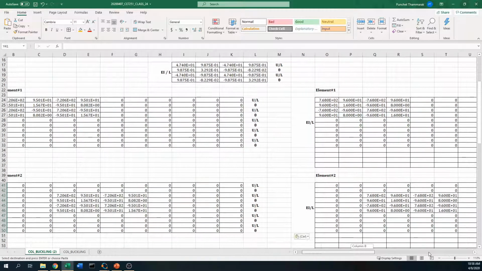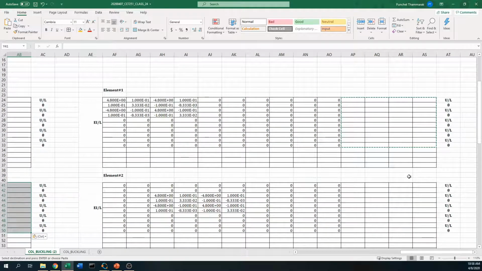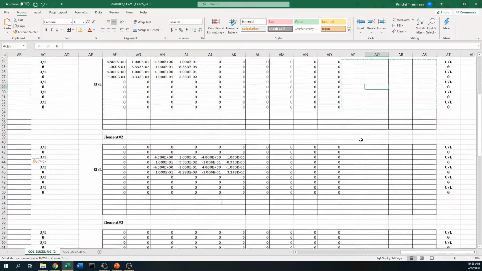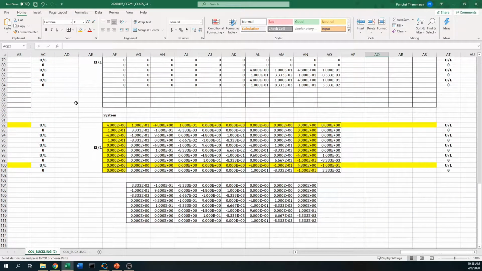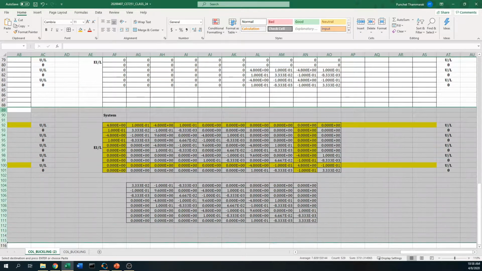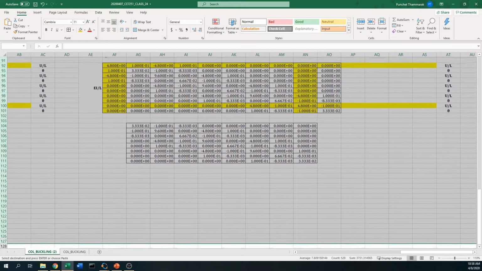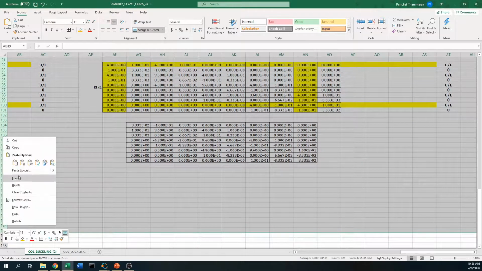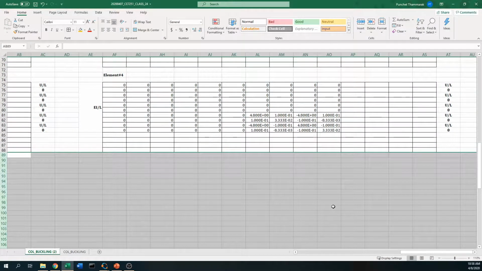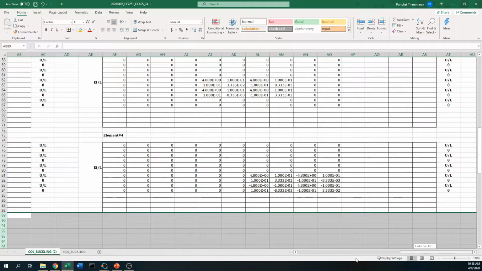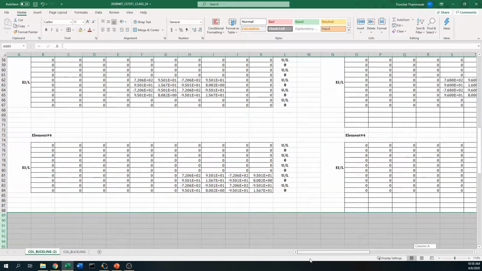Okay, no, we don't need to do anything with that. Element number 1, number 2, number 3, number 4, we need element number 5 and 6, so I'm going to spare this space. Insert, there it is, remove clear formatting.